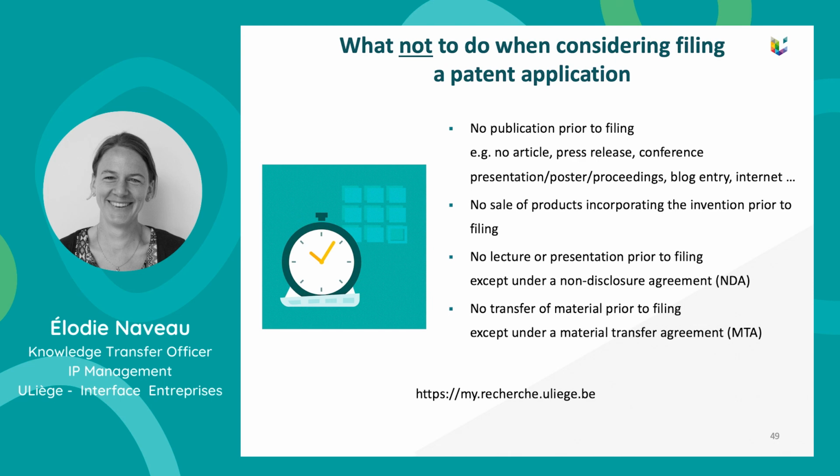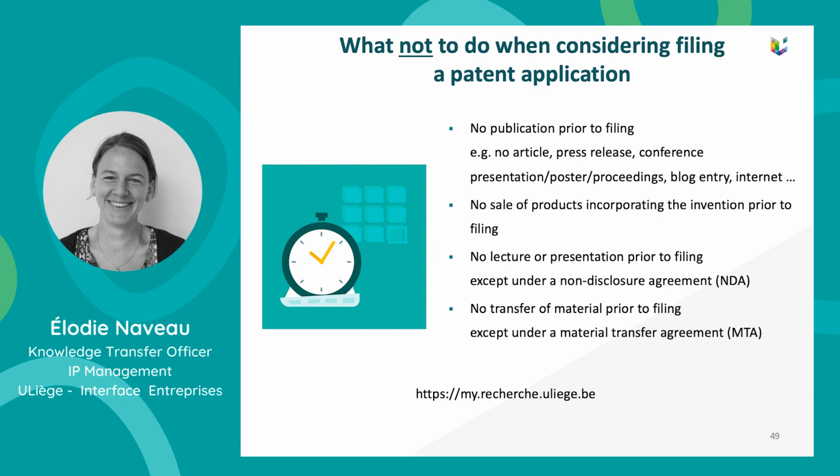So maybe you will receive such material transfer agreements to sign from a partner. You should always review this agreement and let it review by a legal advisor before you sign such agreements. The same for the non-disclosure agreement. You may receive some agreements from a partner. It is better to let them review, and it is also better to take our models.